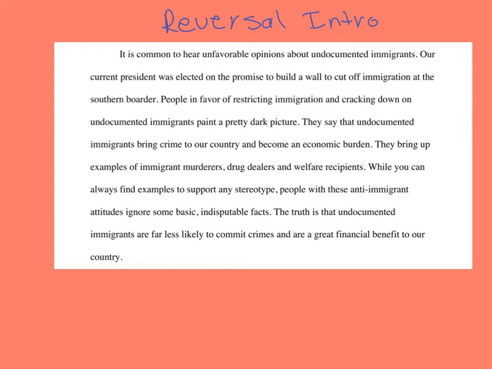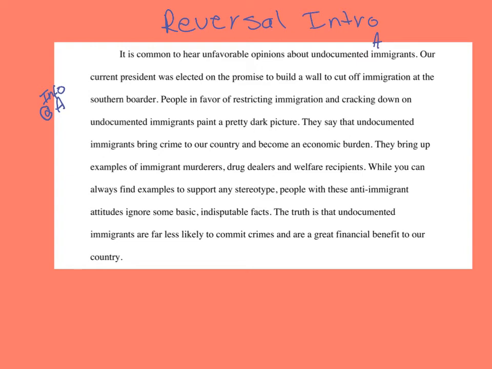It's common to hear unfavorable opinions about undocumented immigrants. So this is our A, right? Many people think A. Our current president was elected on the promise to build a wall to cut off immigration at the southern border. So that's more information about A. People in favor of restricting immigration and cracking down on undocumented immigrants paint a pretty dark picture.